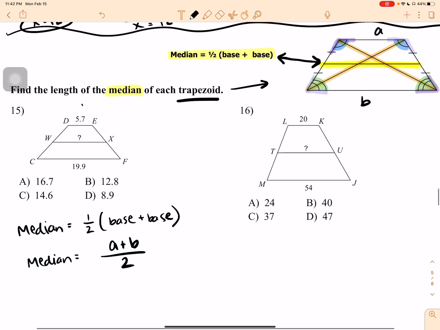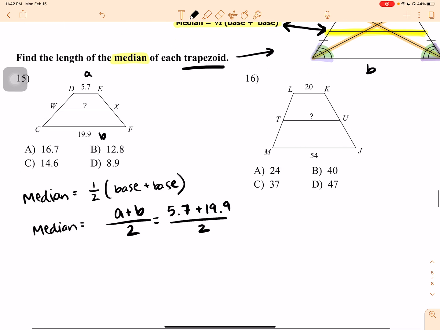Go for it. So this one, top base is A at 5.7, bottom base is B, 19.9. Multiplying by 1/2 is the same as dividing by 2. Okay. I just really do not want to butcher this in my head. It's too late. So 25.6.